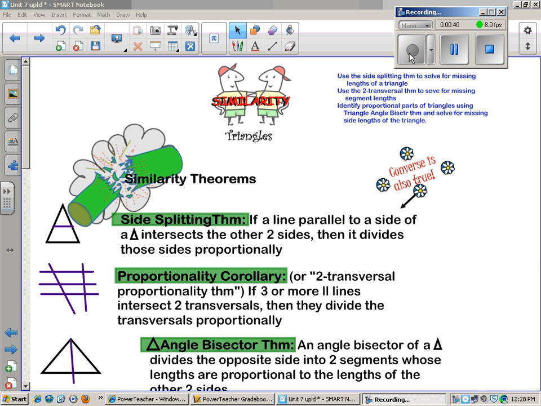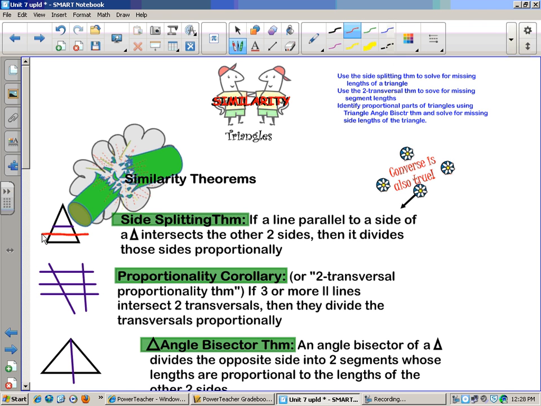But the side-splitting theorem says if you draw a parallel line through a triangle, it doesn't have to be the mid-segment, it could be any line, a parallel line there or a parallel line there, wherever, just parallel to one of the sides, it splits the other 2 sides proportionally.